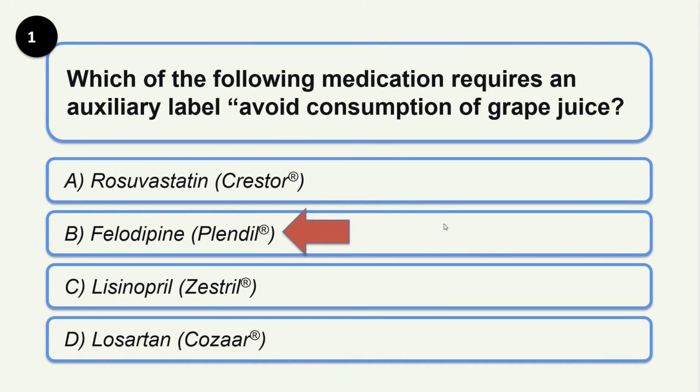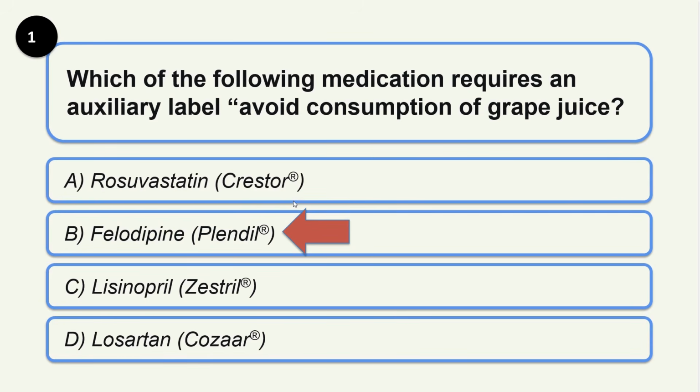As per our survey, most students thought the correct answer is rosuvastatin, Crestor, but that's not the best answer. The reason is that not all statins are substrates of cytochrome 3A4 enzymes. Only three statins, atorvastatin, simvastatin and lovastatin, are substrates of CYP3A4. I repeat, atorvastatin, lovastatin and simvastatin require avoiding grapefruit juice.